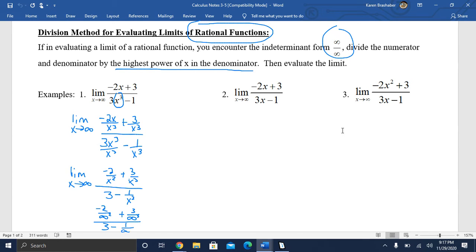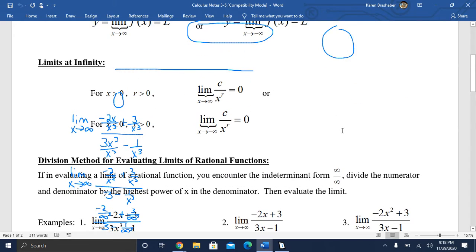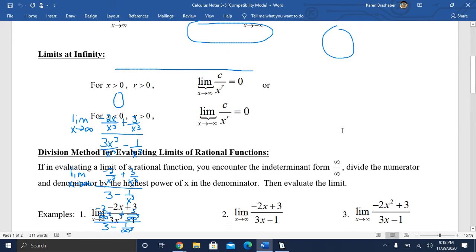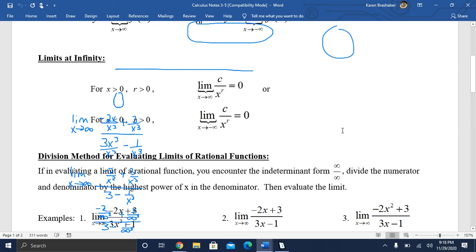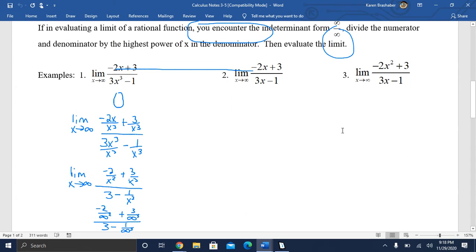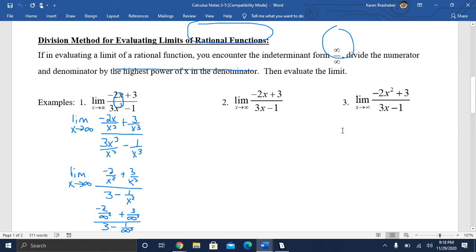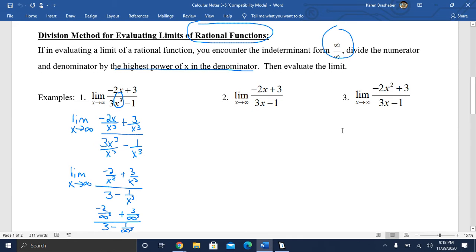Well, all of these that have infinity in the denominator and a constant in the numerator would follow our definition that we had about a constant over infinity to a power. And so what we have is negative 2 out of infinity, that's 0.